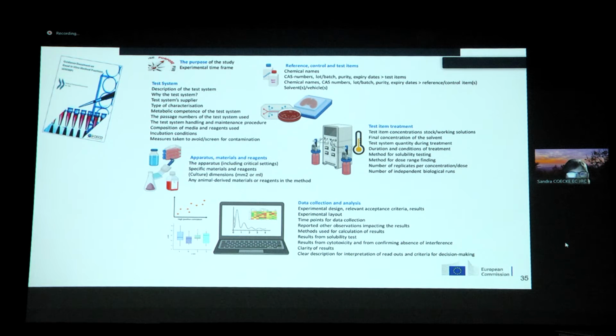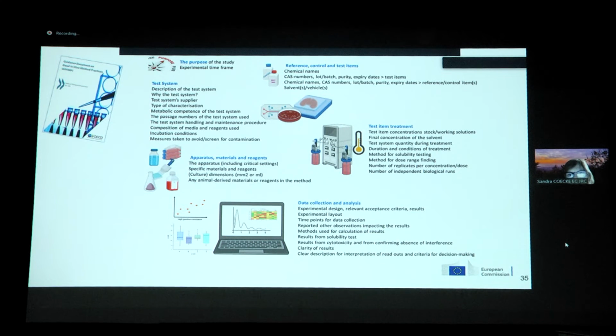If you work with cells, do you know how long they're good? Do I know something about the complete composition of media and reagents? Are there undefined media ingredients like fetal bovine serum or other ill-defined animal-derived things? What about my apparatus? Do I do the right checks for it?